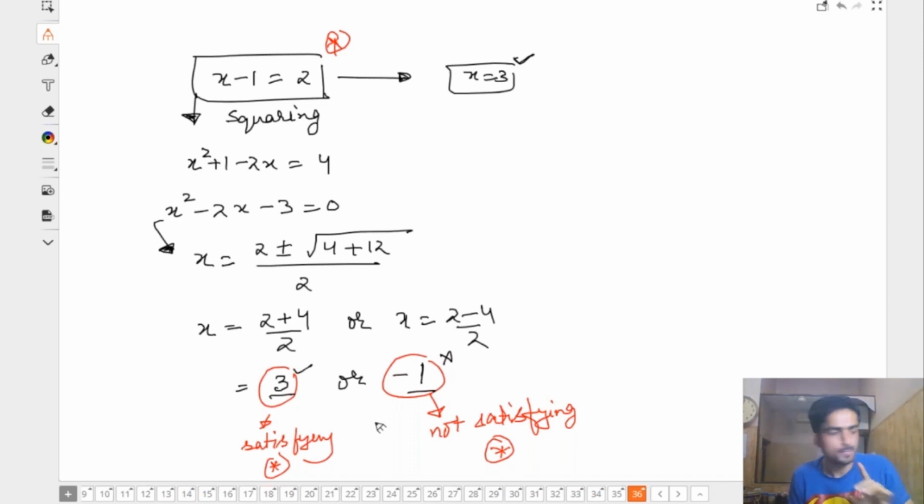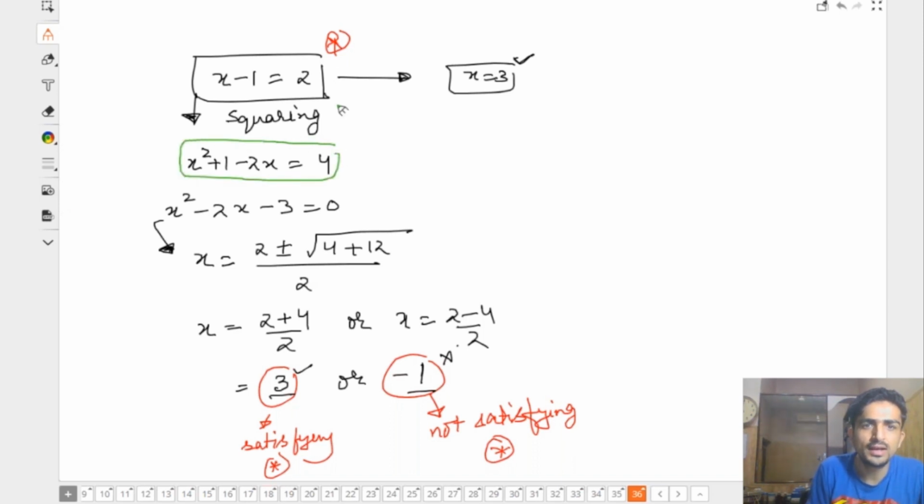Now listen to me. Little time, little explanation. Guys, there is a difference between this equation and this equation. They are not same. When we square the equation, I will most probably land up having more solutions, which will not be the solutions of the actual equation.